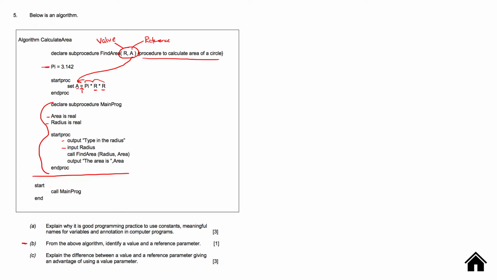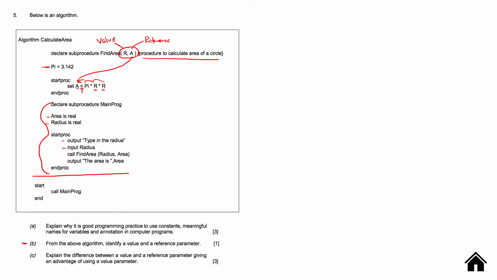I'm only using the value of R, which means I wouldn't need to send it in by reference because I don't need to change its value in the original location in memory. I use it by value because I only need a copy of it. I don't want anybody changing R accidentally, so I'll pass it by value.